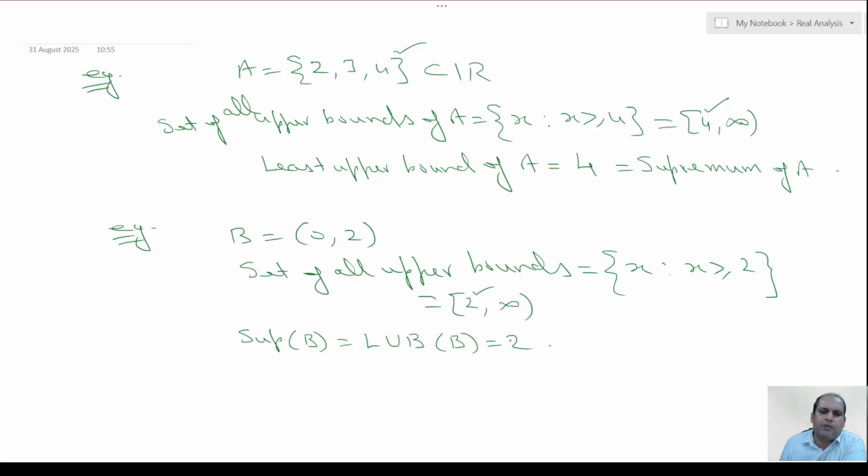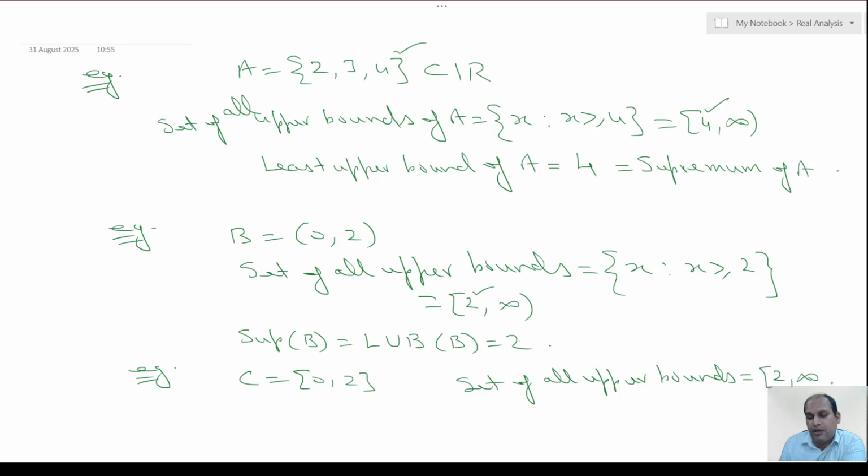Here you can see that the least upper bound is not a member of the set, but if I choose C equal to the closed interval 0 to 2, then again the set of all upper bounds will be 2 to infinity, and from this we will find that the least upper bound is 2. So, here the supremum is a member of this set. So, the supremum may or may not be a member of the set.